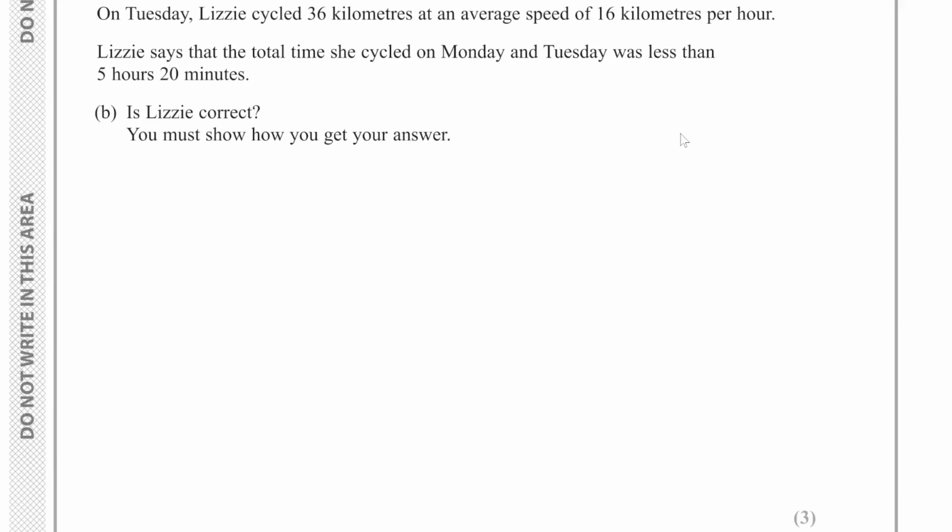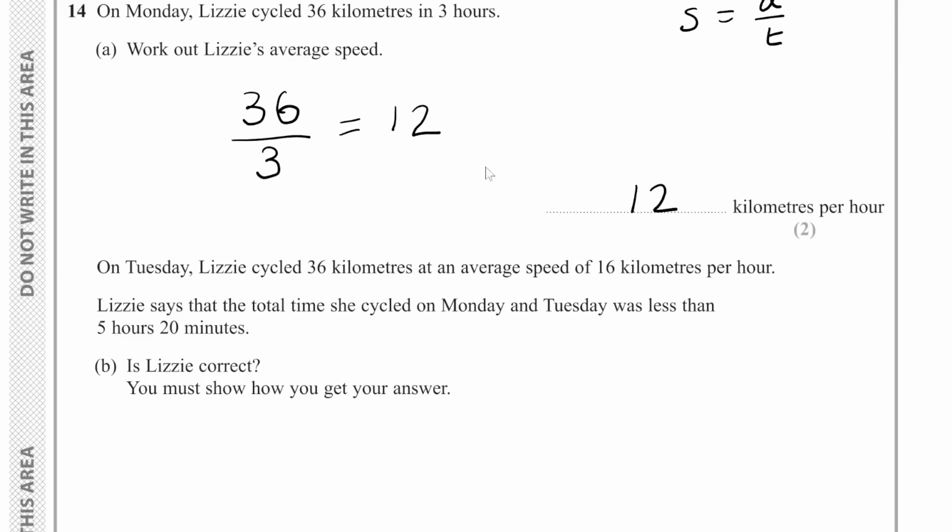On Tuesday, Lizzie cycled 36 kilometers at an average speed of 16 kilometers per hour. Lizzie says the total time she cycled on Monday and Tuesday, so Monday was 3 hours and Tuesday was less than 5 hours 20. Is Lizzie correct?